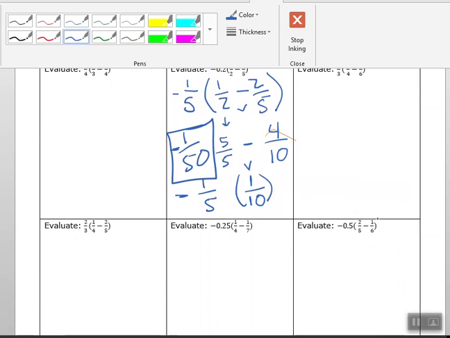On this line, I'm going to do the third problem. I have negative 0.5. And then in the parentheses, I have 2/5 minus 1/6. And again, we're going to continue practicing these fractions. So I'll go negative 1/2 times 2/5 minus 1/6. Okay, so what's my common denominator between 5 and 6? 30. Okay, so let me make that a little smaller so all of our work fits on here.